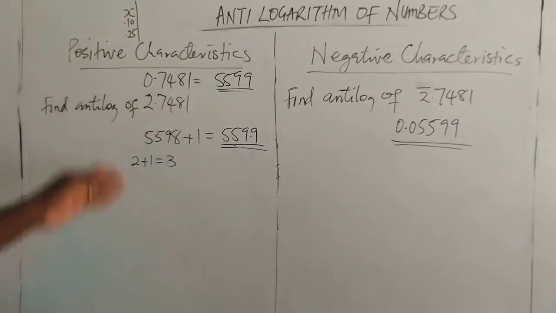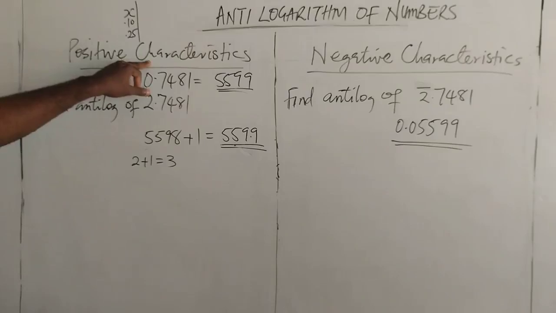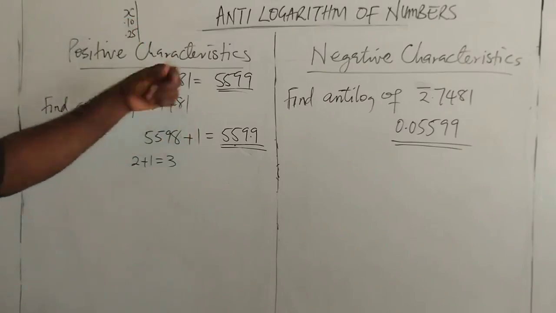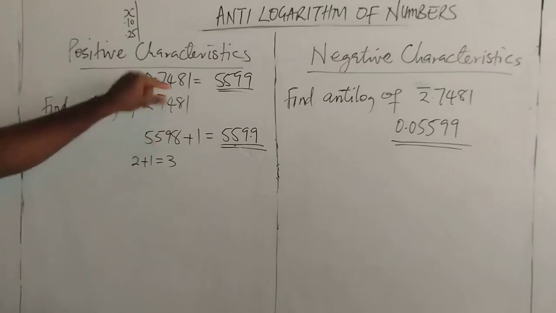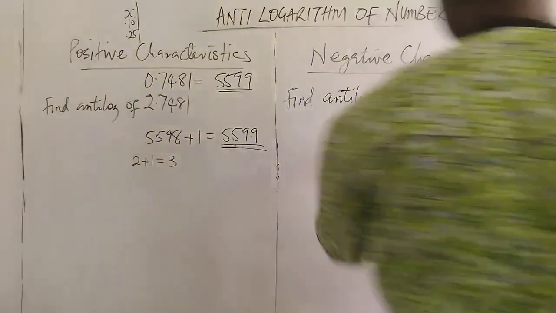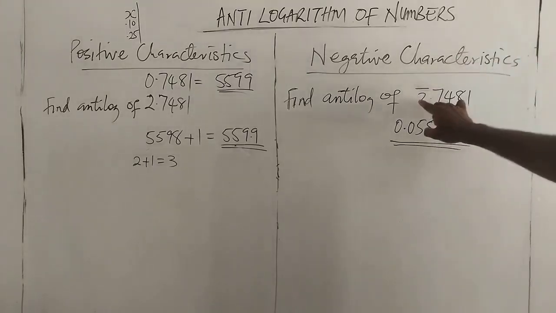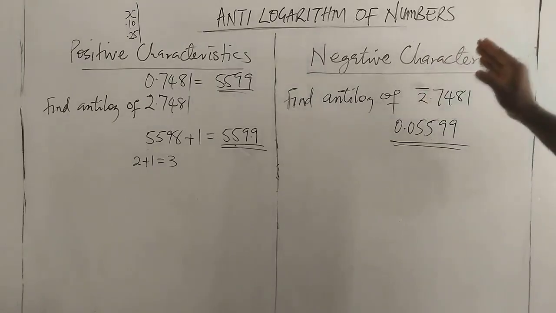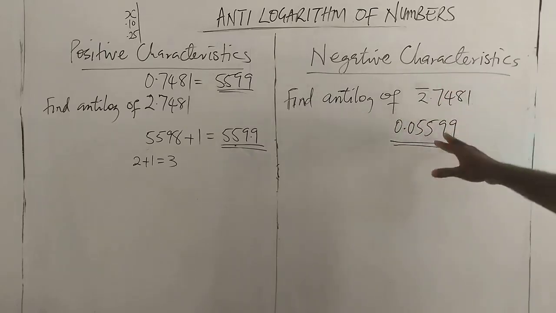So take note, if the number has a positive characteristic, after using the mantissa to get the value from the antilog table, add 1 to the characteristic to know the true position of the decimal point. But for negative characteristics, you don't add anything. If the negative characteristic is bar 2, just know that there will be 2 zeros in the final answer.